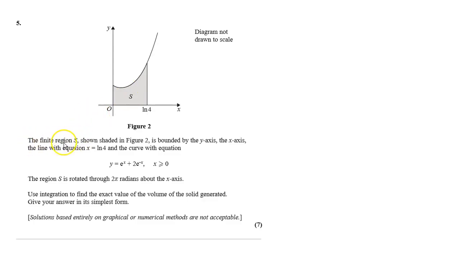Question number 5. The finite region, as shown shaded in figure 2, is bounded by the x-axis, y-axis, x is equal to ln 4, and the curve e to the power x plus 2e to the power minus x, where x is a positive number.